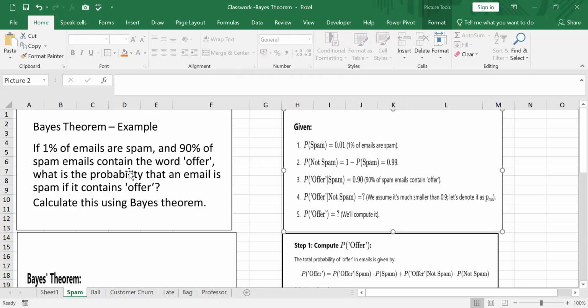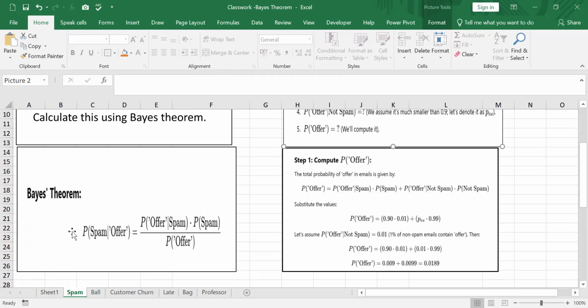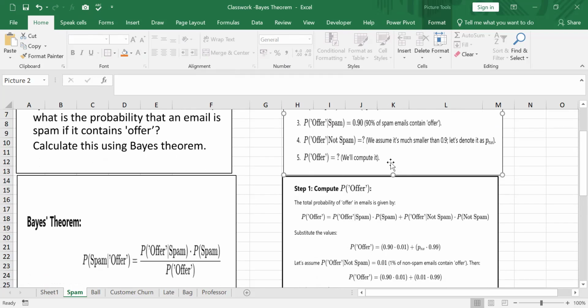So what is the probability that an email is spam if it contains the word offer? Now, the formula is here. For that, probability of spam is 0.01. Not spam will be 1 minus 0.01, which is equal to 0.99.